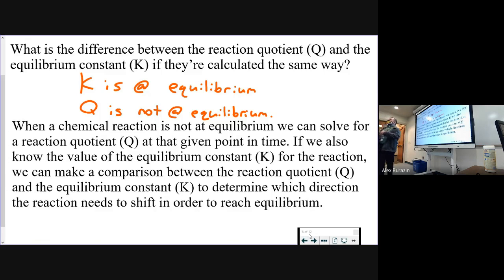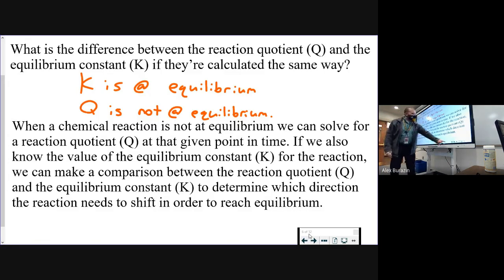So if you're given random molarities of all of your reactants and all of your products, and it doesn't say that you're at equilibrium, you should assume that you're not. You should assume that this reaction is going to shift towards equilibrium. So always assume that when you're given molarities, we're not at equilibrium, unless it explicitly says these are the molarities at equilibrium.